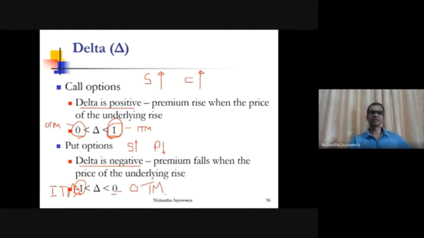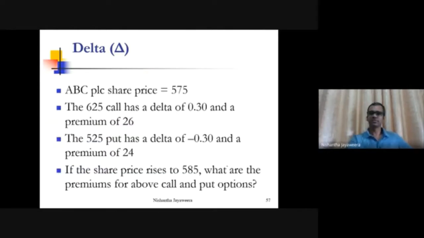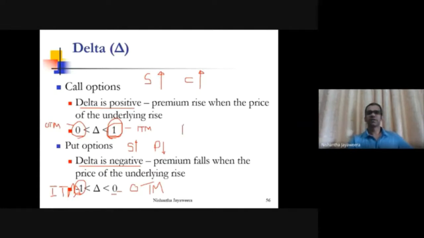When it is out of the money, the premium is insensitive to the price change. Then at the money, what would happen? For both call and put options, at the money, delta is 0.5. It is positive for call options, negative for put options.